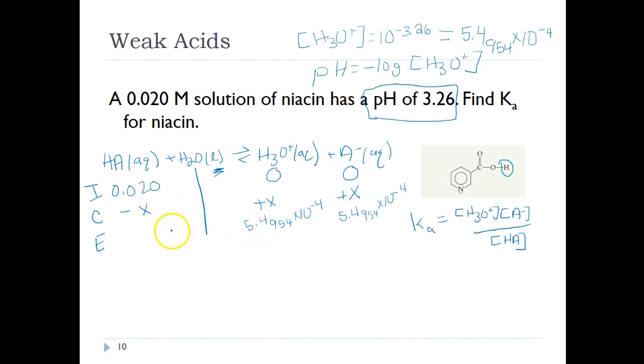And then to figure out what goes here, I can do 0.020 minus 5.4954 times 10 to the negative 4th. And what I end up with is 0.01945.